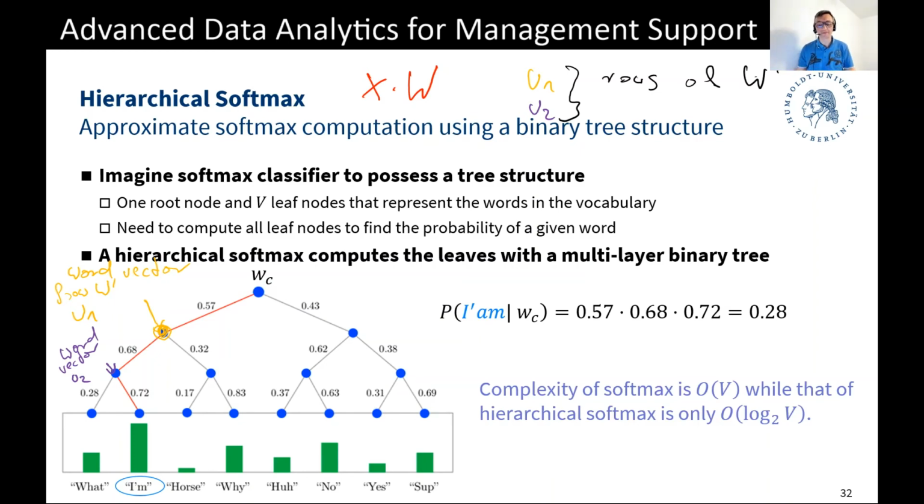This is where we find them. Okay? Calculating the dot product, applying the sigmoid, getting a probability, and the probability is what we find on the path. So at this point we have a probability of 28% and 72% that we get as a result of applying the sigmoid to our dot product.